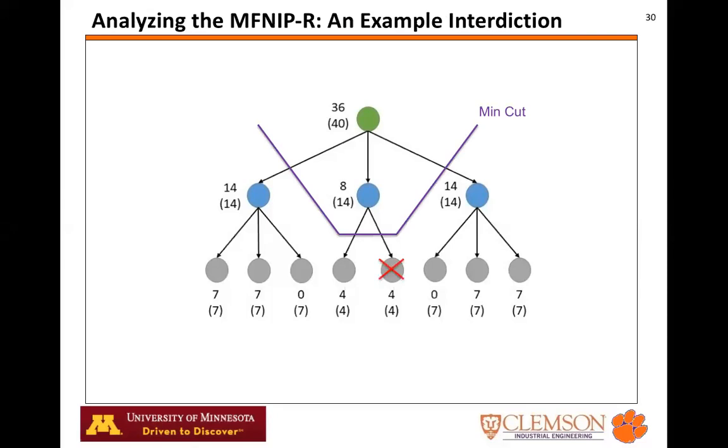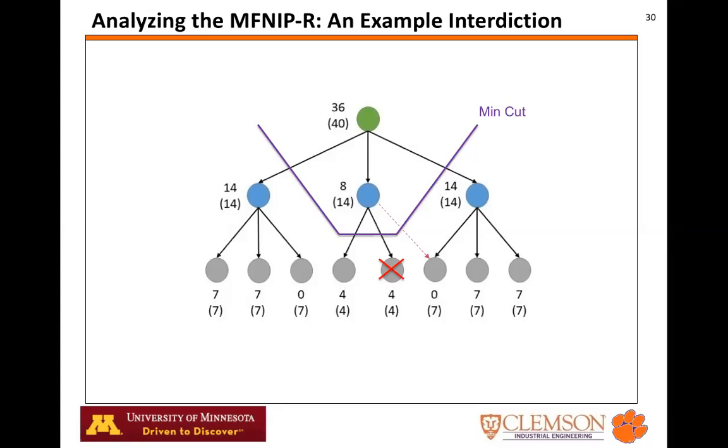So let's say we interdict or disrupt or remove the node that's highlighted with the red X. The trafficker, or the blue node that it is adjacent to, is going to react, and it's actually going to restructure and create an arc from it to a node on the right that currently has 0 flow into it.